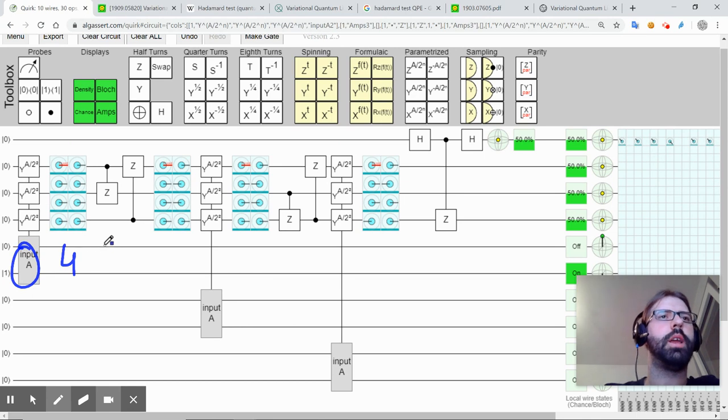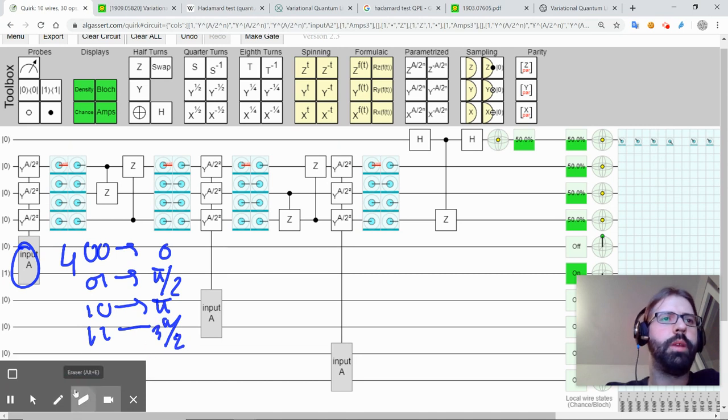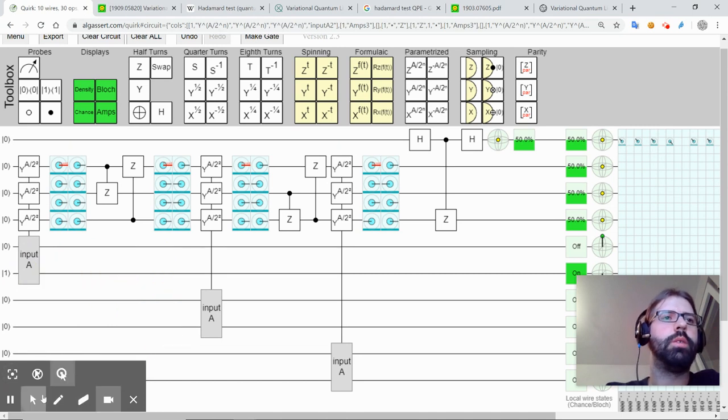So this means that 0 0 means 0, 0 1 means pi halves, 1 0 means pi, 1 1 means pi three times, something like this. Yeah. Exactly. So that's good.